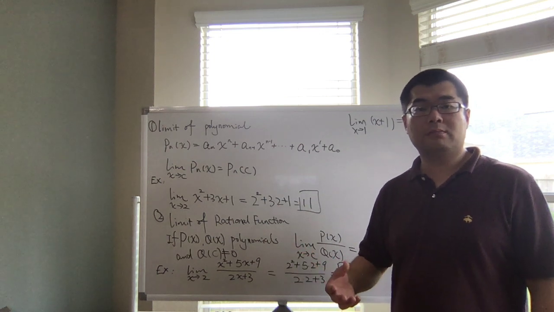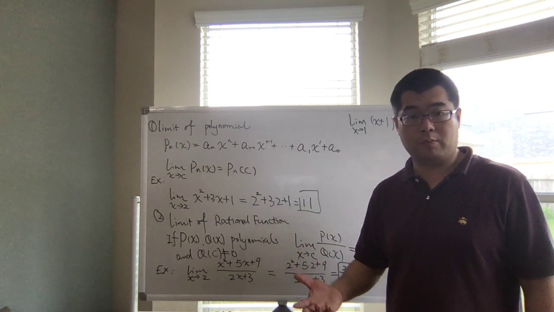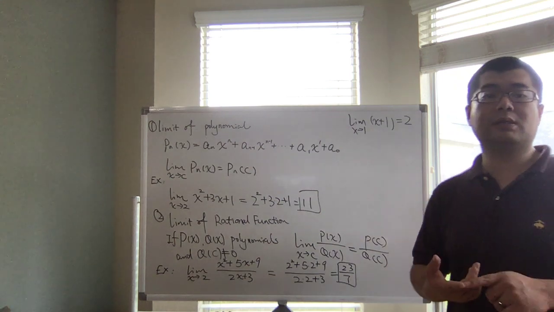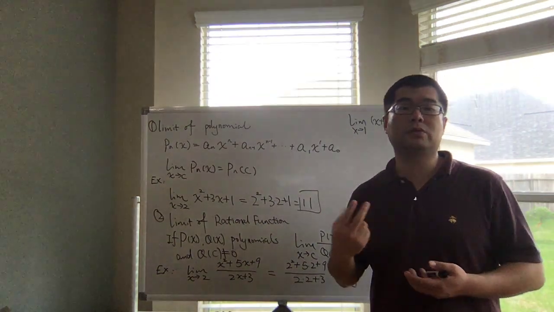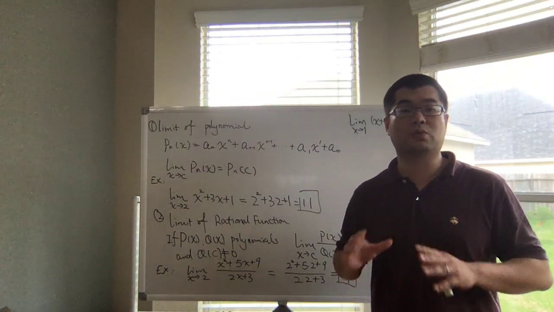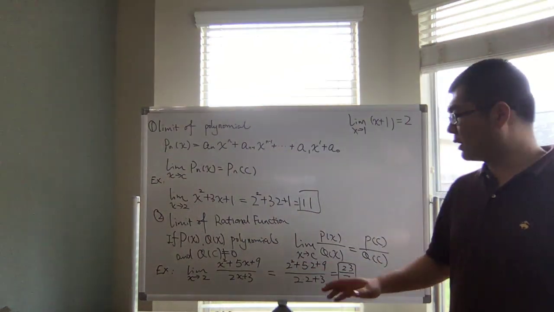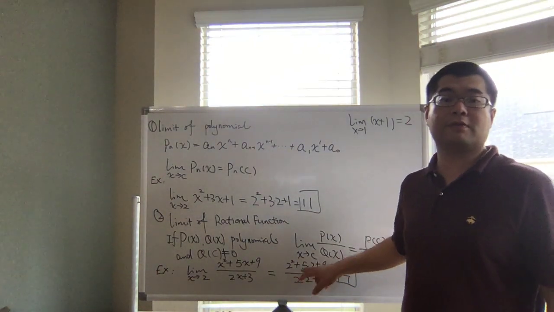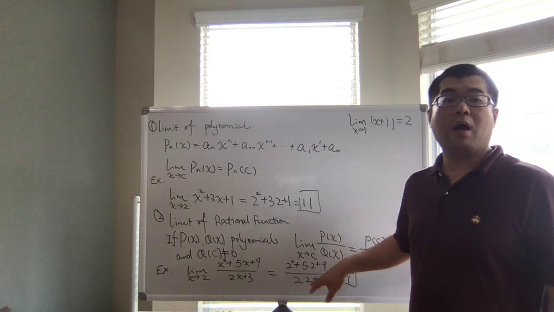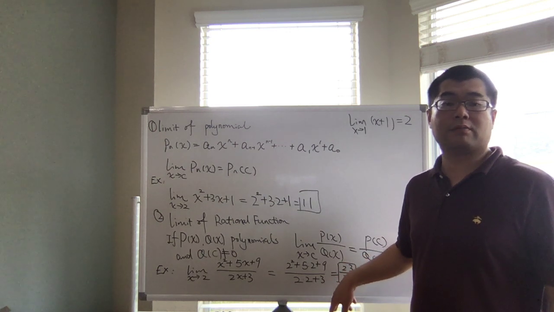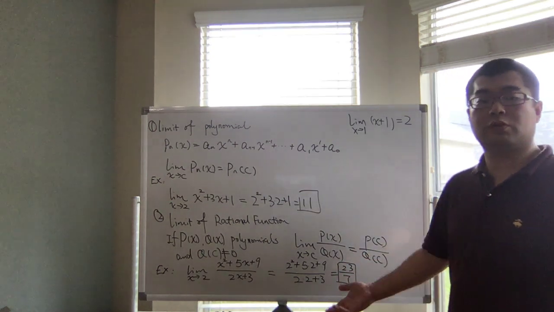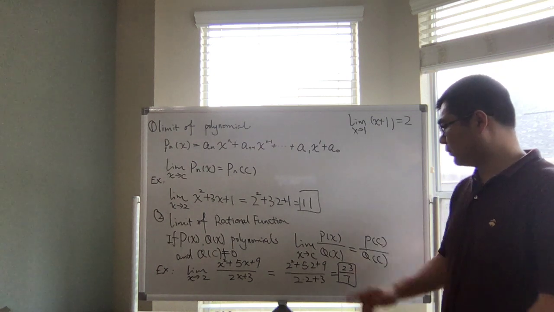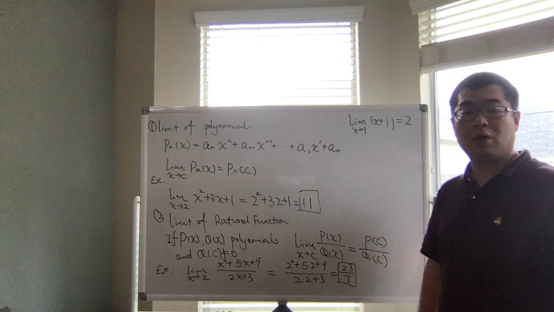Both top and bottom are polynomials, and when you substitute x equals 2 into the denominator, it's not 0, so we're good. Direct plug in, you have 2 squared plus 5 times 2 plus 9 over 2 times 2 plus 3, which gives you 23 over 7.